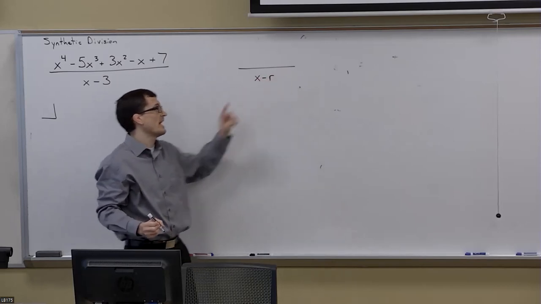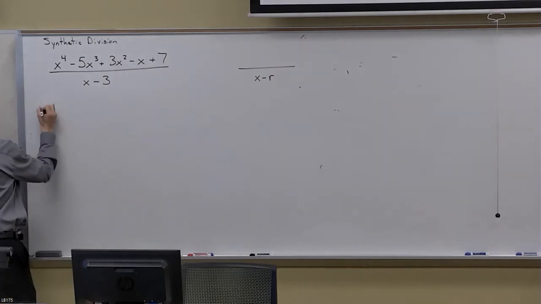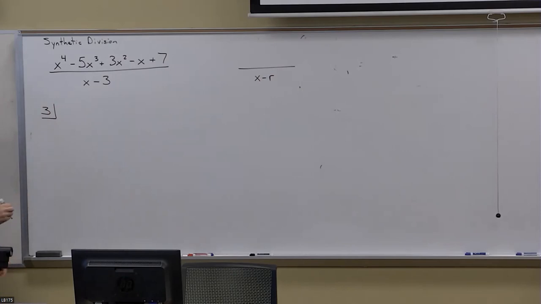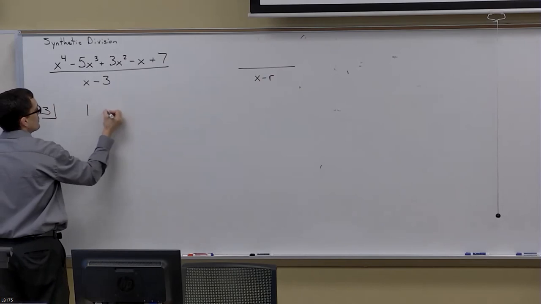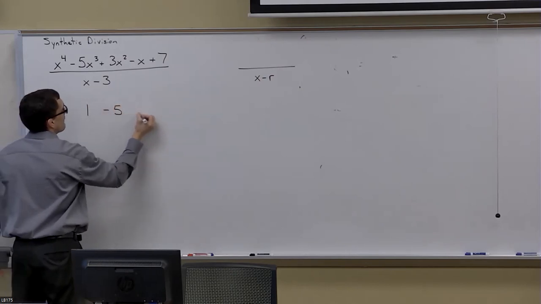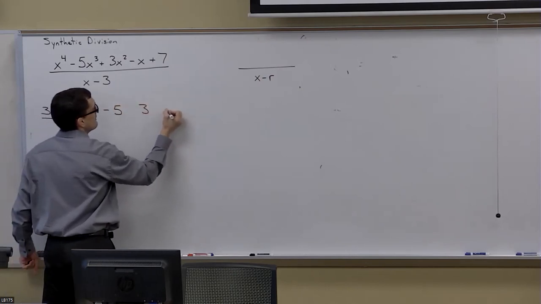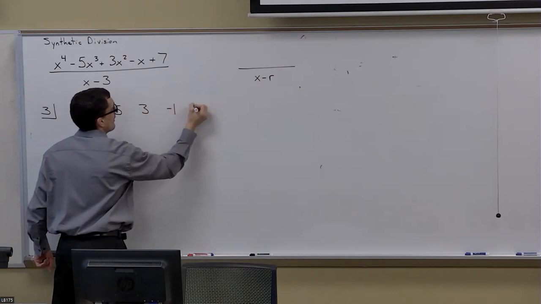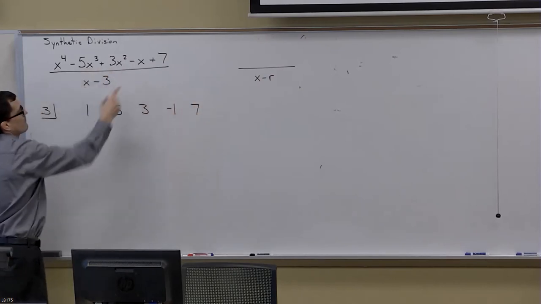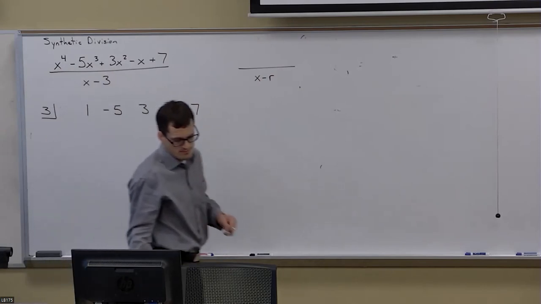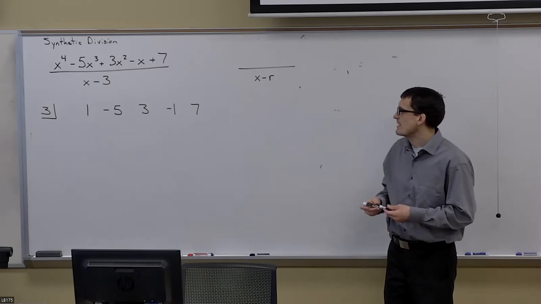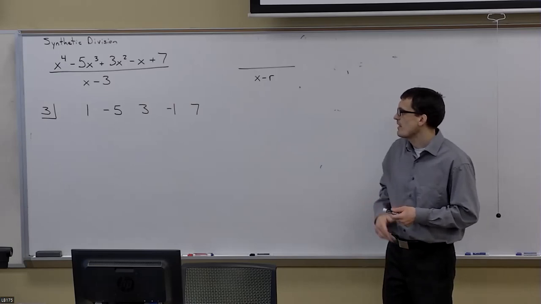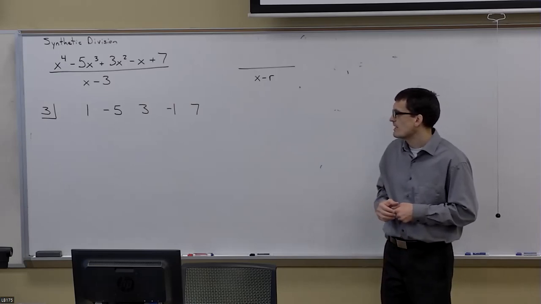And if we have that, we write the 3, and then we write the coefficients in descending order of my dividend there. So 1, -5, 3, -1, 7.